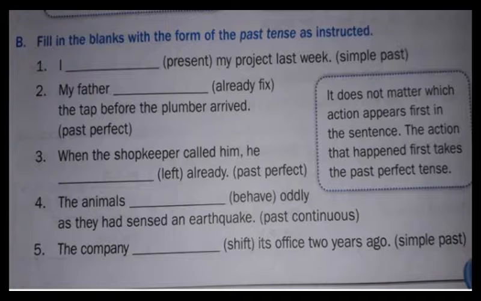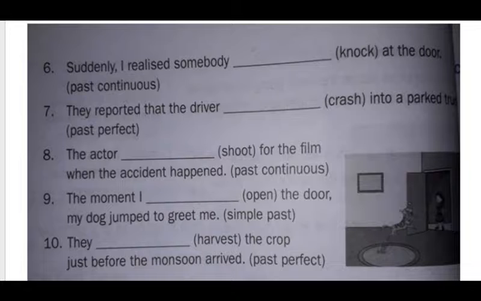Then the fifth question: The company dash. The verb here is shift and the tense you have to use is simple past. So the company shifted its office two years ago. Now question number 6. Suddenly I realized somebody dash, the verb here is knock, at the door, and you have to use past continuous.